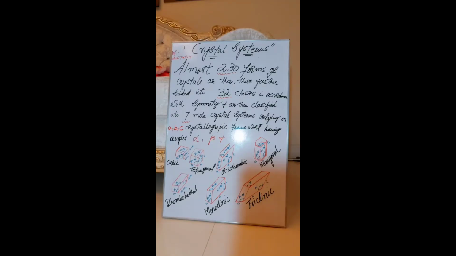Crystal systems. Almost 230 forms of the crystals are there. These are further divided into 32 classes in accordance with the symmetry and are then again classified into 7 crystal systems relying on A, B and C, that is the crystallographic framework, which I just explained in my previous lecture, that these are A, B and C having angles between them alpha, beta and gamma.